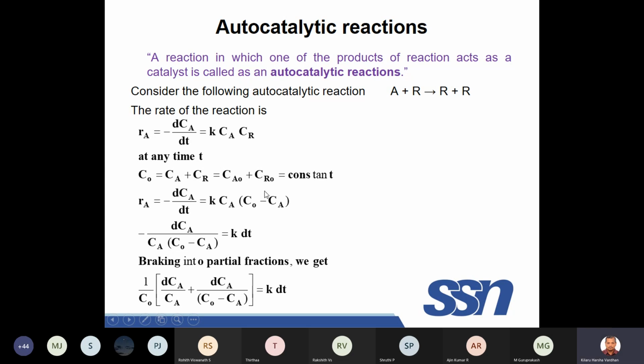If you differentiate this, we can write Cr as C naught minus Ca. Take all the Ca terms to one side and then integrate. This should be done by partial fractions, and then calculate A and B.